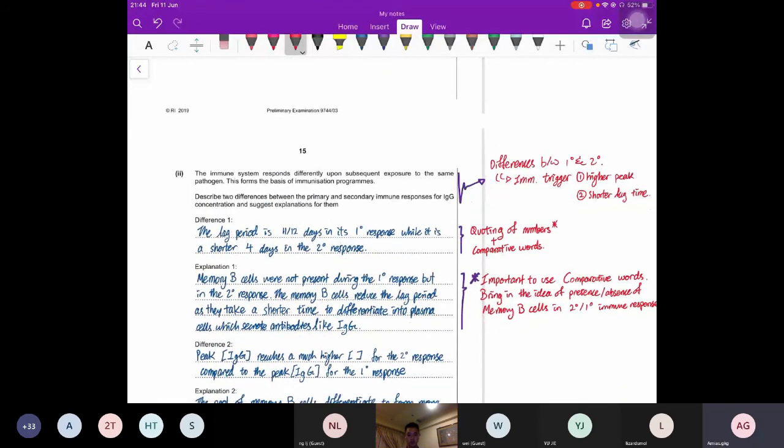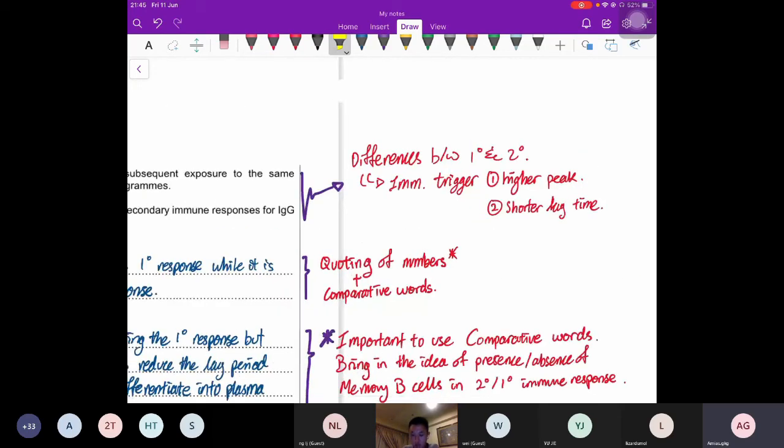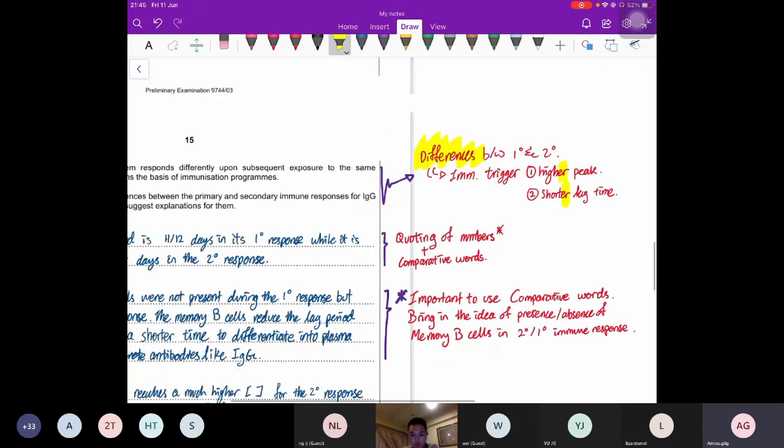There are more than two differences, but when you see this question, it should immediately trigger two things. Firstly, higher peak concentration. That should be the first thing that comes to your head. The second thing, a shorter lag time. And again, because we talk about differences, you have to use your comparative words, because if you don't, you don't get the marks.